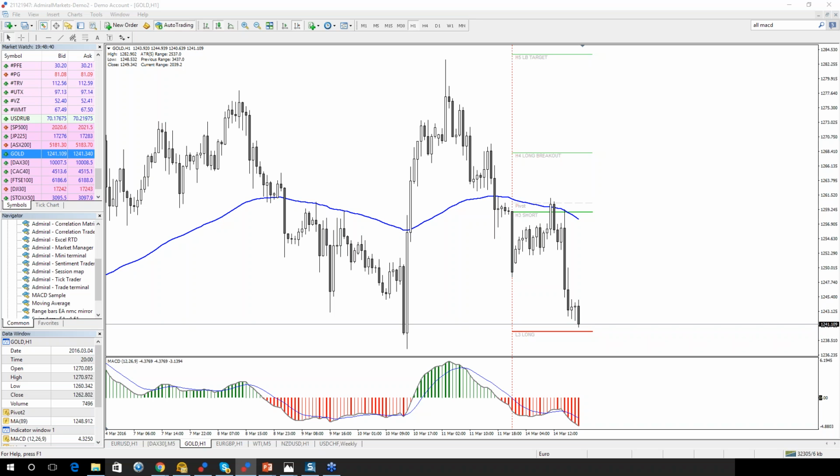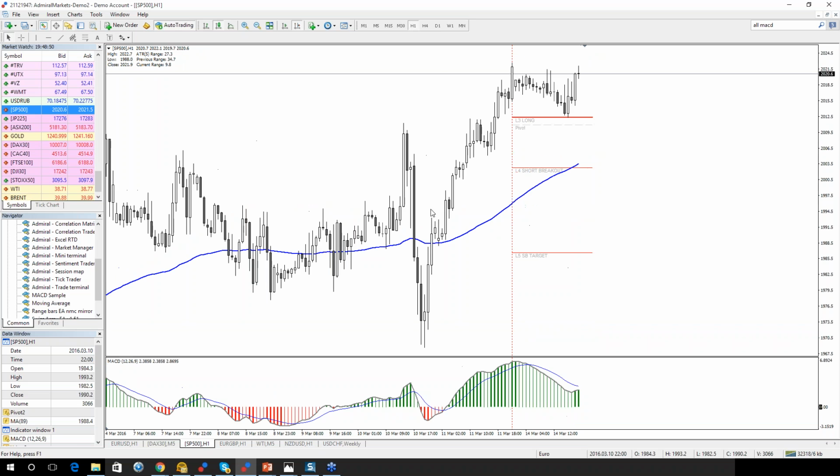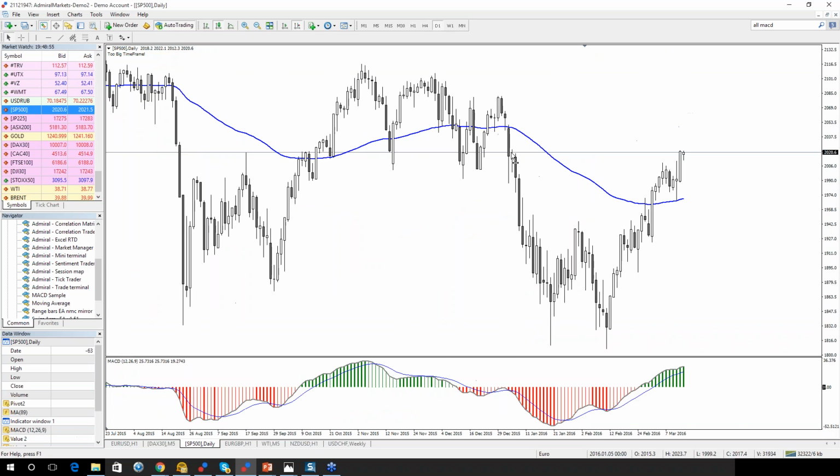What about SP 500? Is the 1025 a good time to go short? It could be.